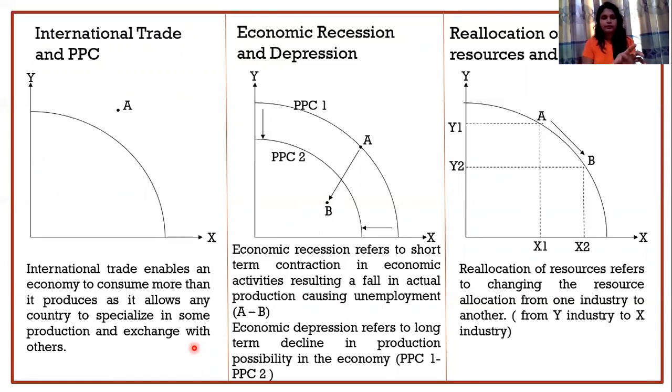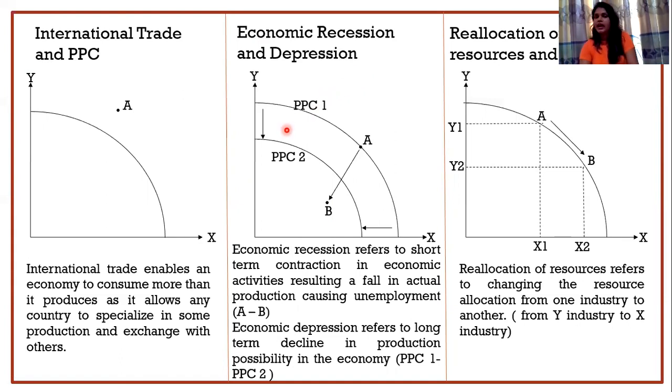This will allow a country to have a higher consumption than its production possibility. Therefore, when a country is engaging in international trade, the country's consumption point is beyond its production possibility. Clear?